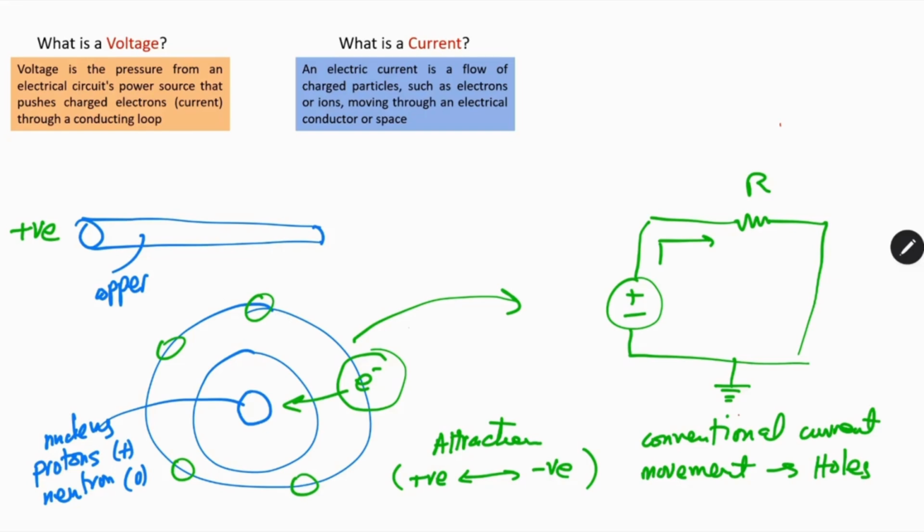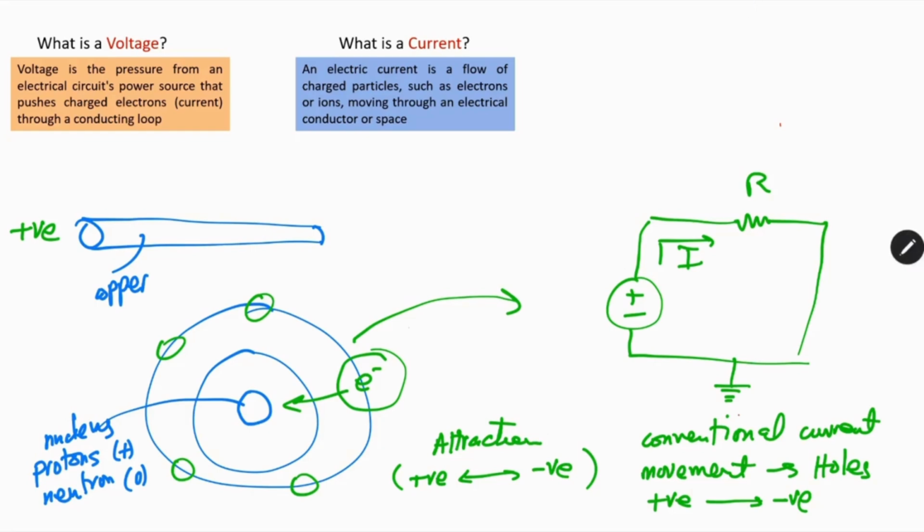If you study chemistry, you will look at the bonding between those electrons. So conventional current, the movement of the holes, is always from the positive to the negative terminal of the battery. So this represents the flow of conventional current.